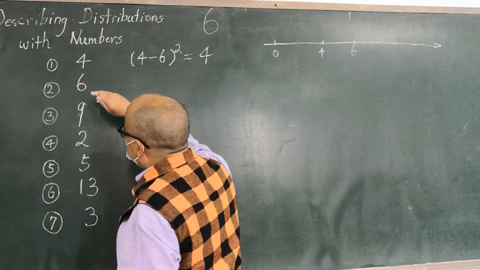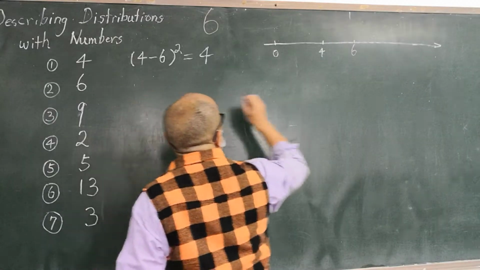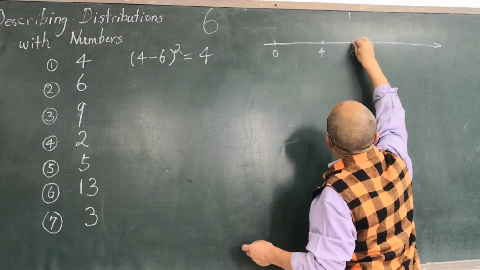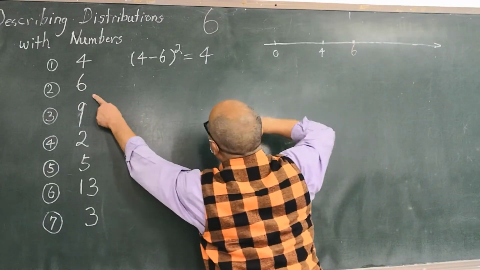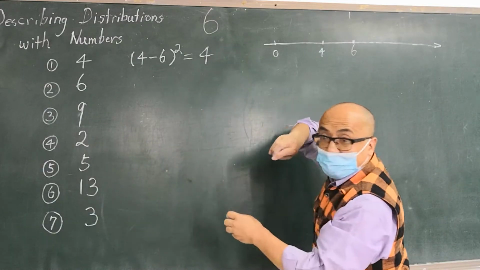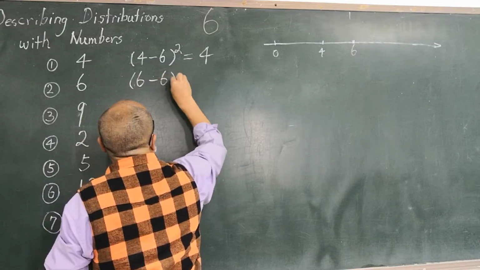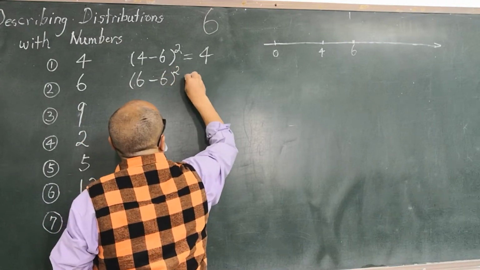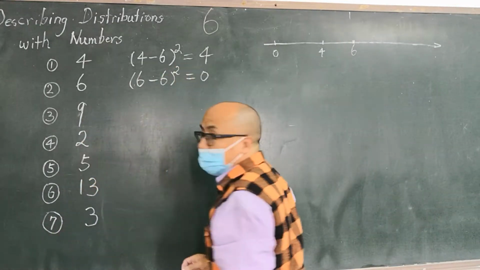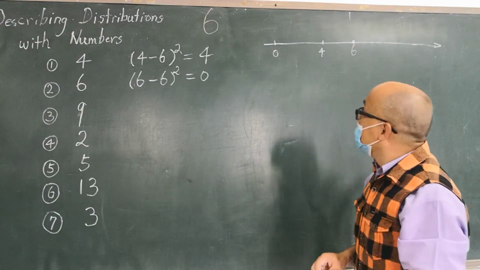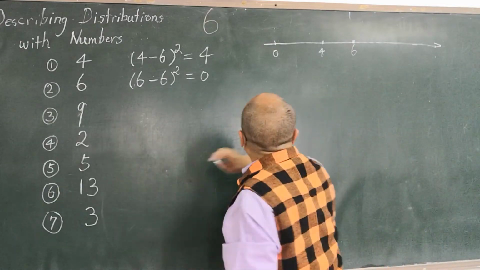Now this number is right here. The distance between here and the mean is 0. But I still write it down. It's 0. Okay. And this number, 9.